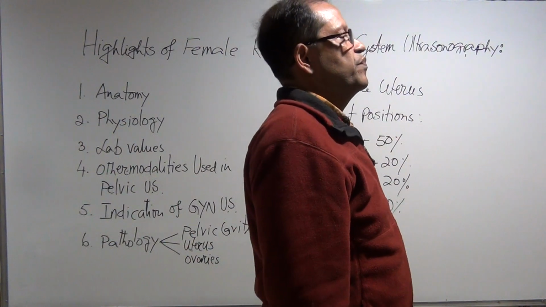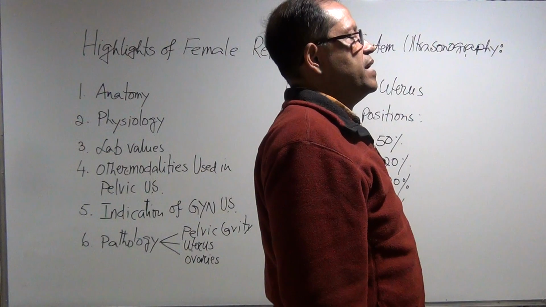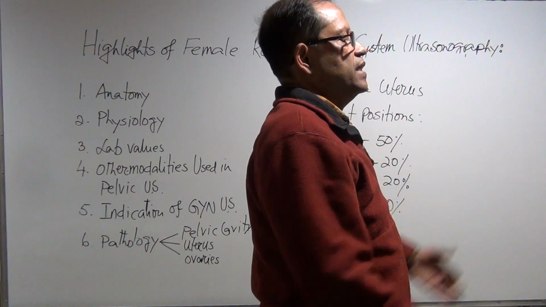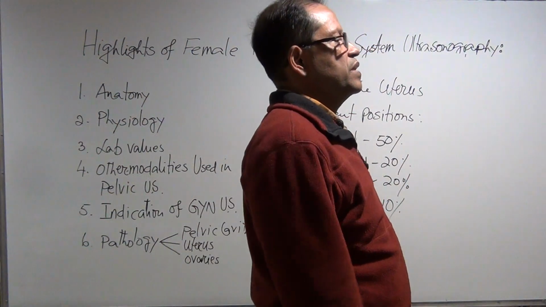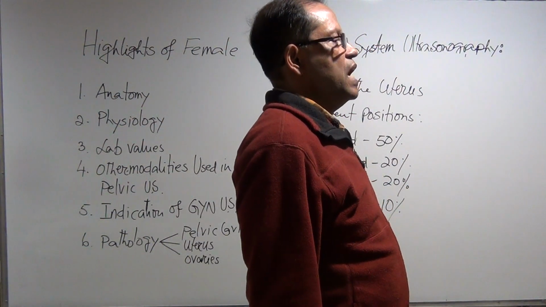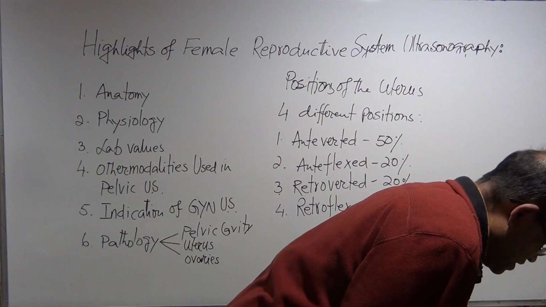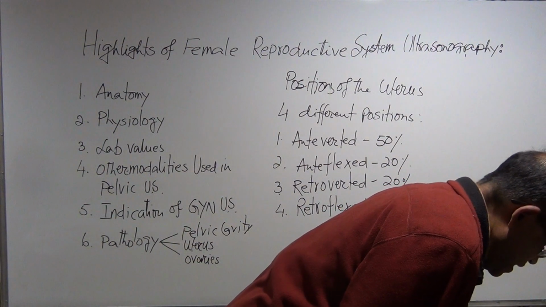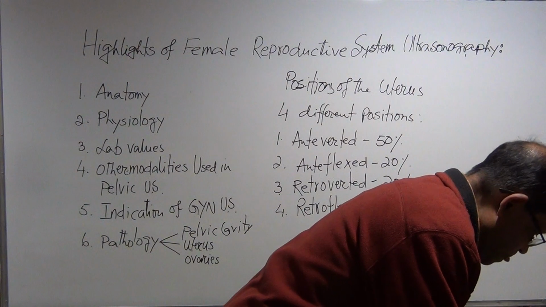I am a straight, upright position. The bladder is in front of me and the rectum is behind me. And I am making a curve, flexion. I am such a way I am curved.